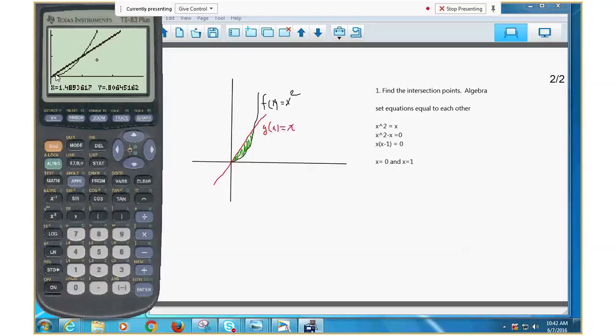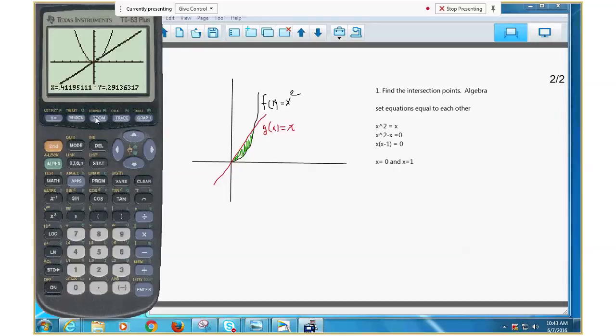So now I got to find the intersection points. I got to back up a little bit because I'm still not where I want to be as far as my zoom. I want to see the origin a little bit better. So I'm going to go to the middle here and go a little bit to the left of the area so I can get my, there we go.